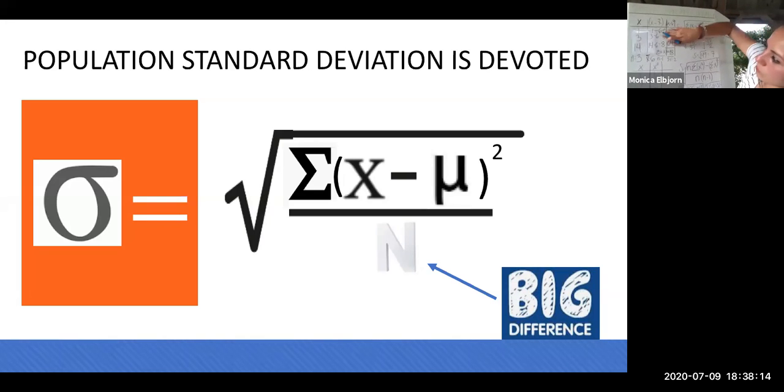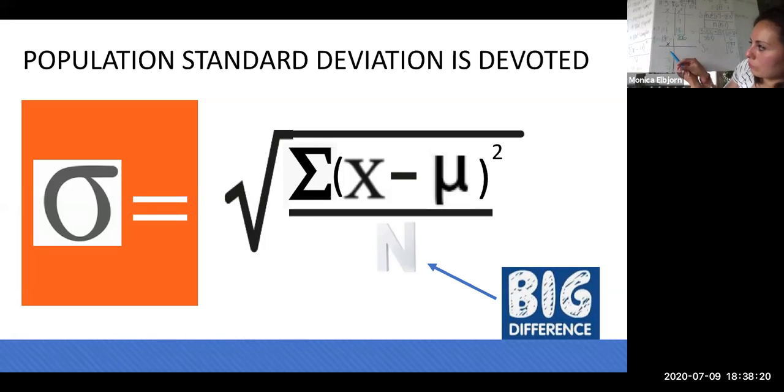So this one, we do need to have our x bar. Can someone give me our x bar for 4, 7, and 7? How do we get our x bar? It's like any other average. We add all our numbers divided by the total numbers. So we're going to have 4 plus 7 plus 7 divided by 3. Very good.